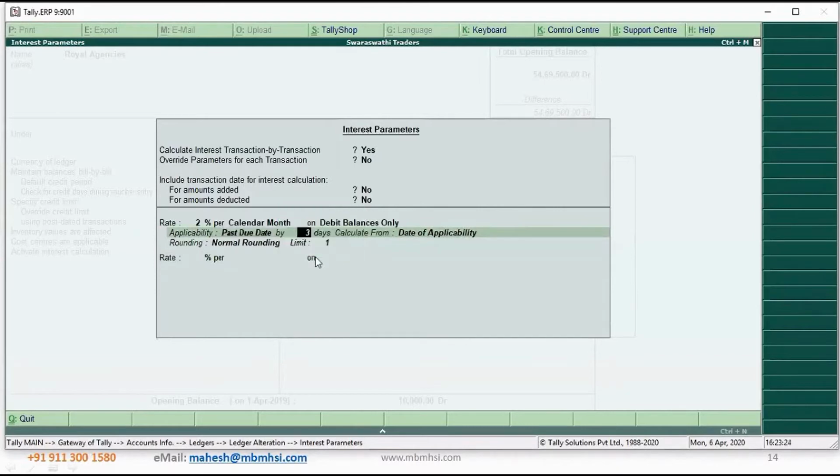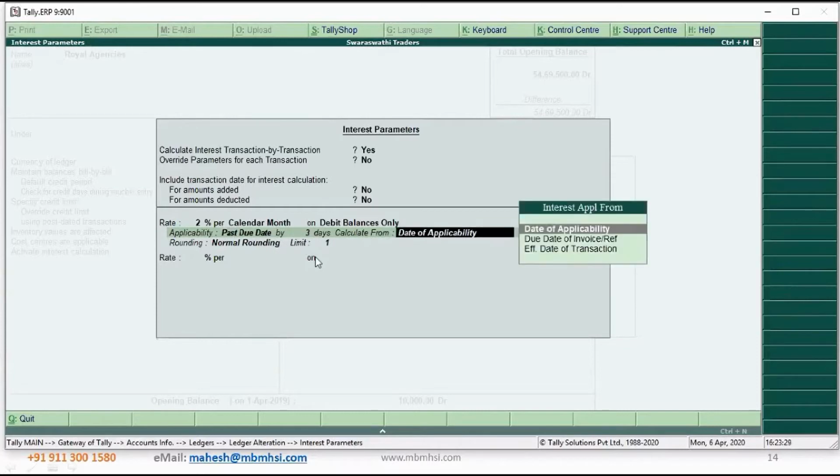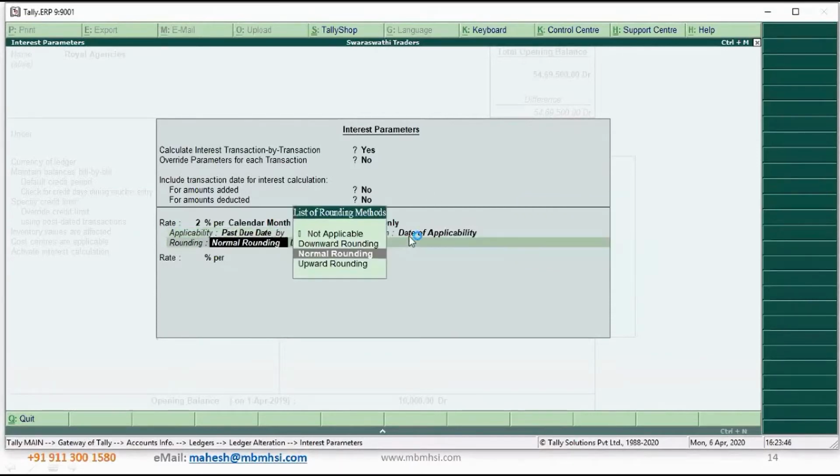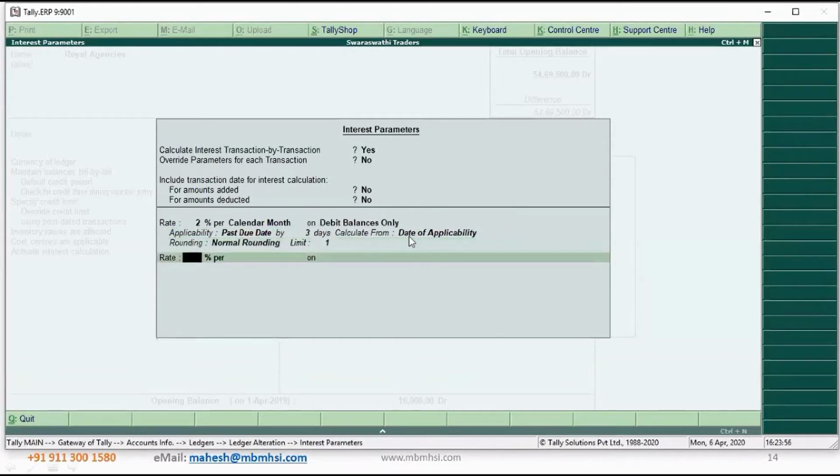Then if you need to give any grace period, grace days, you could specify that. And applicability from, you could also select whether it's applicable from the invoice date of applicability, or due date of invoice reference, or effective date of transaction. Then you could also set up rounding off. If you need rounding, upward rounding, downward rounding, normal rounding, whatever rounding off method you could use, and go on configuring multiple percentages also if you need.